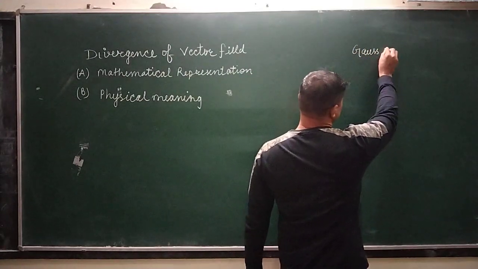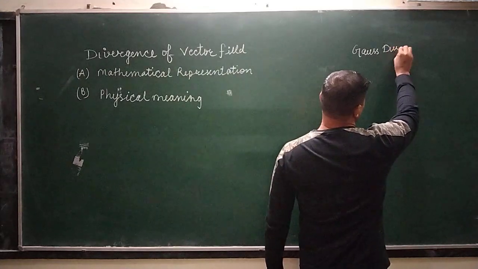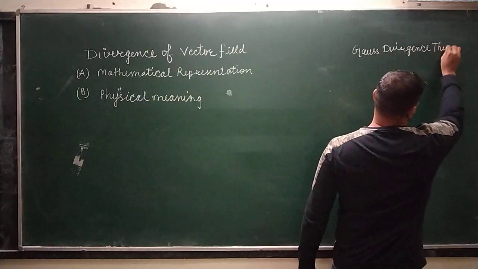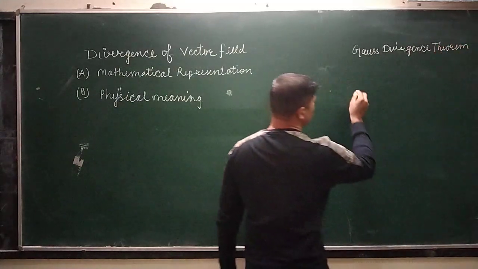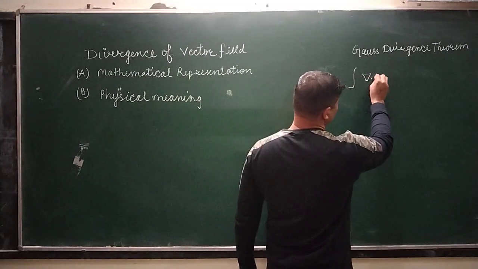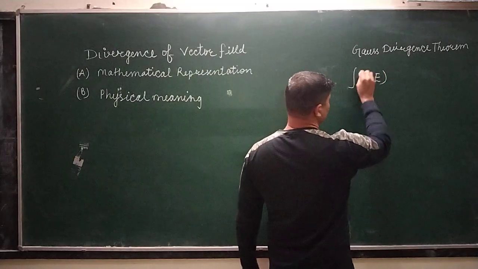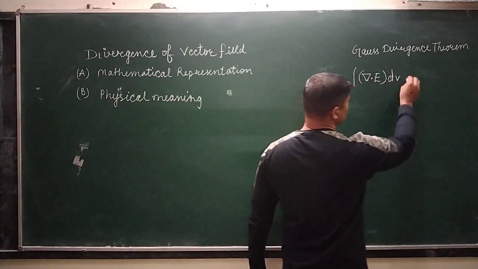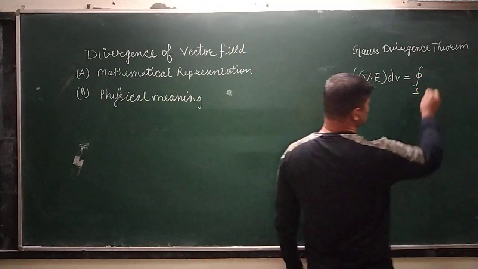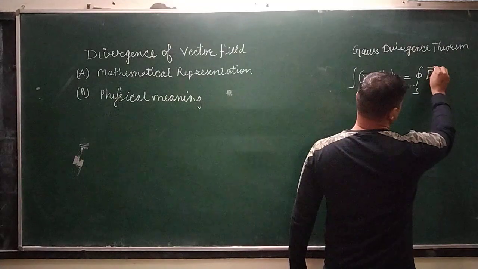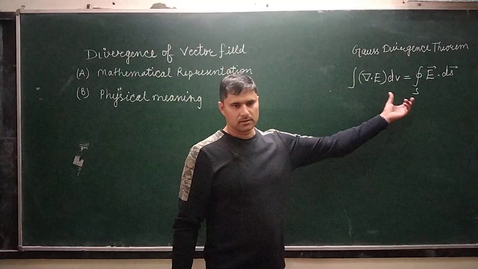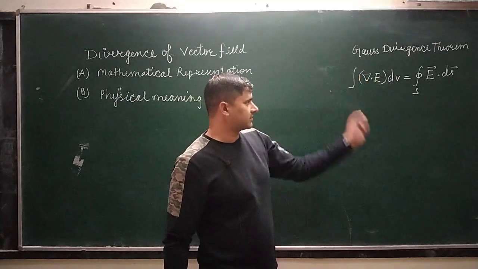Gauss's divergence theorem connects the volume integral of the divergence of the vector field over a volume V enclosed by a closed surface S and the surface integral of the vector field. Okay, so this is how we represent Gauss divergence theorem.